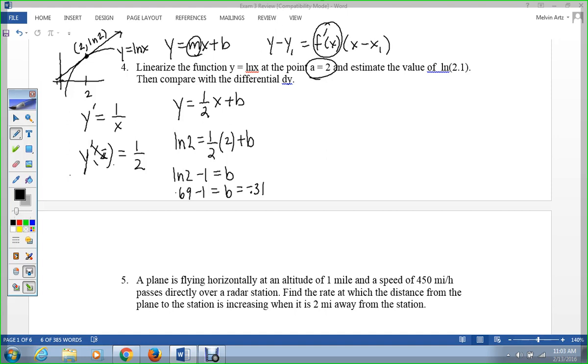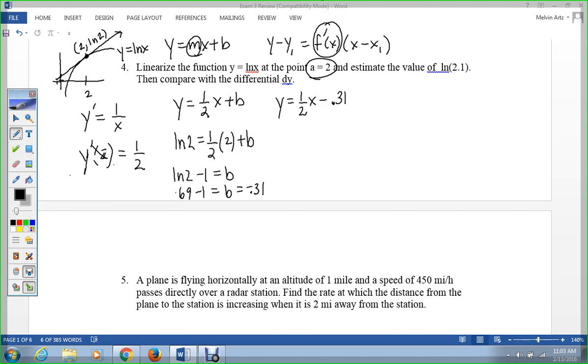All right, so we have the equation of our tangent line now, which would be 1/2 x minus, and I'll just use the decimal approximation, 0.31. Then it said estimate the value of ln of 2.1 using our linearization.